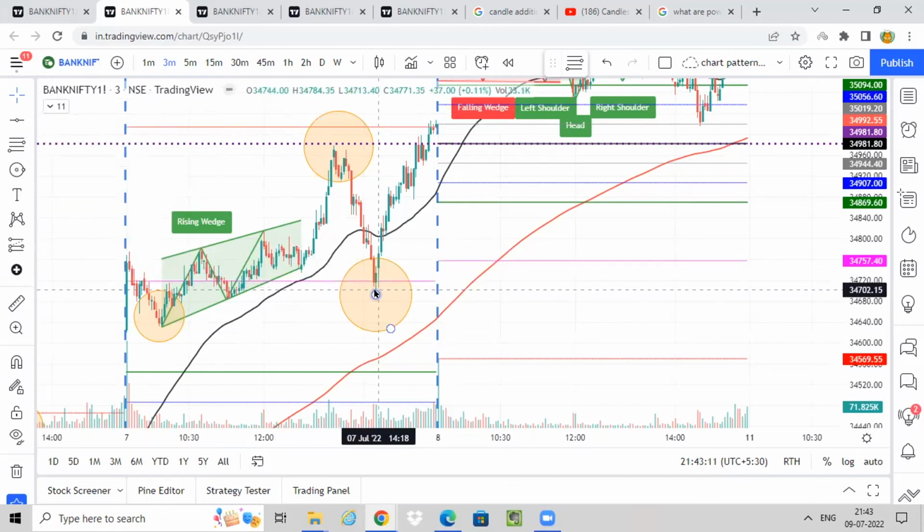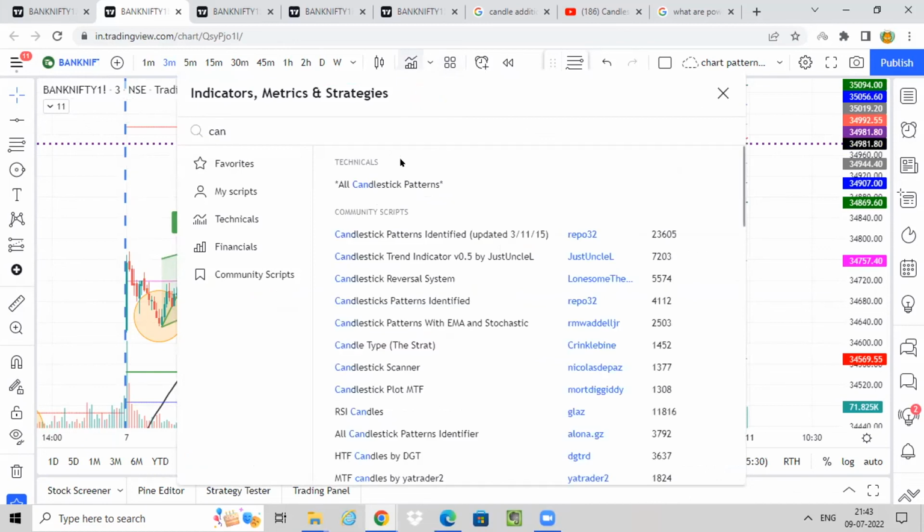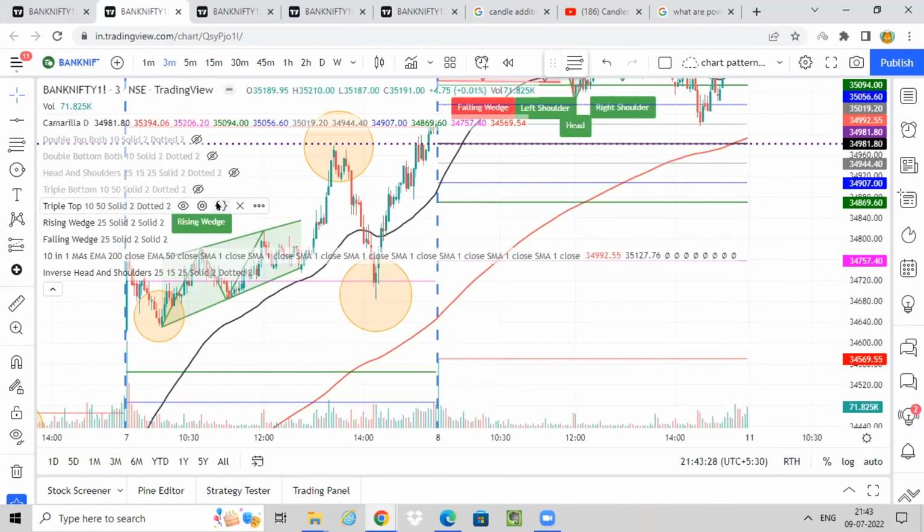I have drawn this. You can use this one. Remove some.